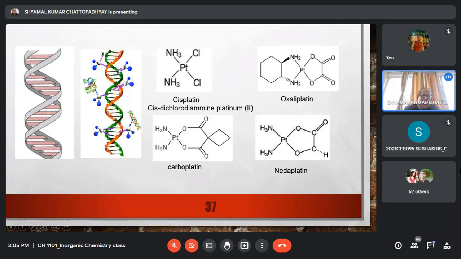So, it has attached itself to the bases of the green strand. So, it is called intra-strand binding. And since the two binding sites are next to each other, it is called 1,2 intrastrand binding. That means it is binding to two successive bases of the strand.